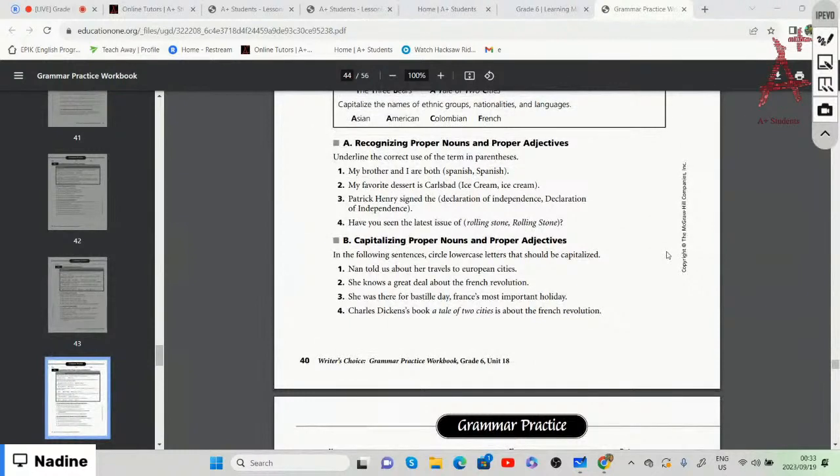In the following sentences, we need to circle lowercase letters that should be capitalized.